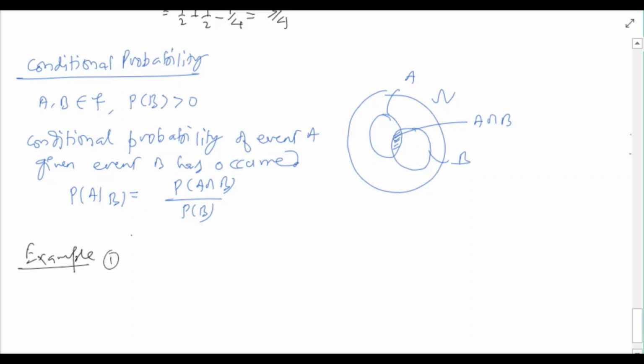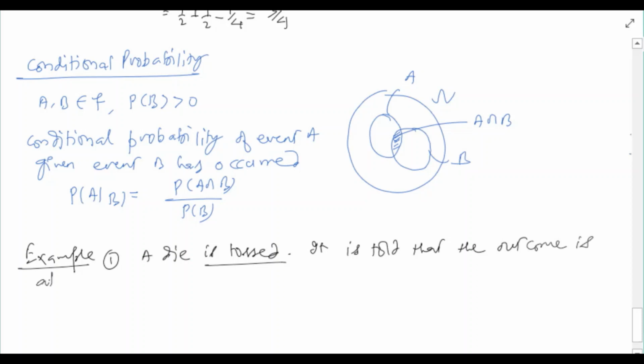Suppose a die is tossed and it is told that the outcome is at least 3. What is the conditional probability that the outcome is 6?